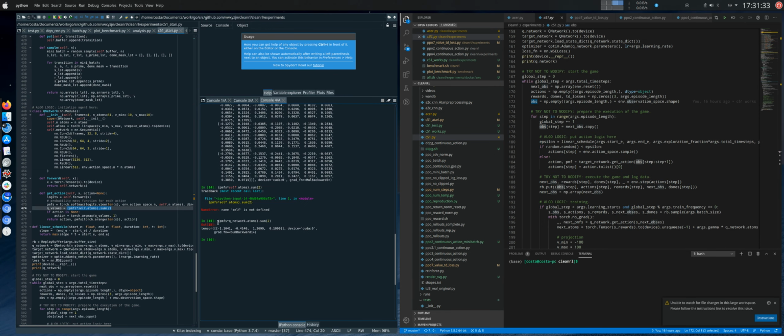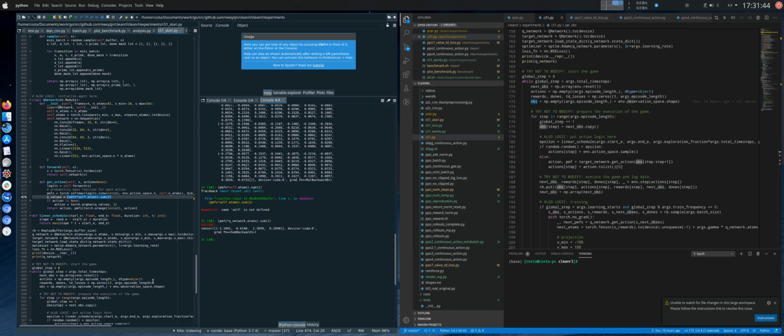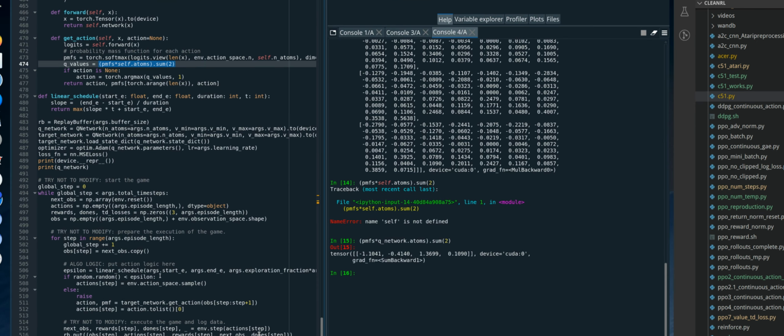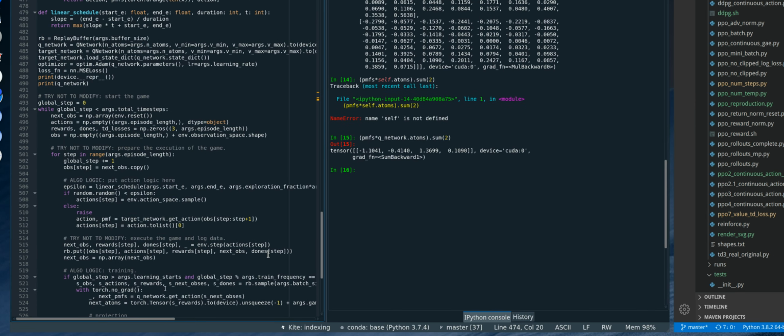Once you multiply the PMFs and the atoms being generated, you get the actual Q values for each action, and then you select the action that corresponds to the largest Q value, of course. And then you essentially start training the neural network.